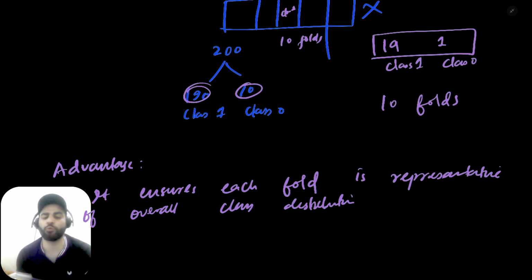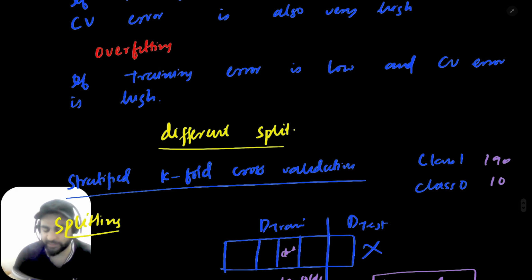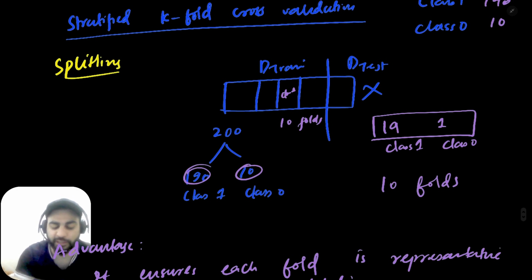So if you have two classes, you'll do it this way, and it basically reduces the bias. This is particularly useful for classification when there is an imbalance in the class distribution. So this is called stratified k-fold cross validation.